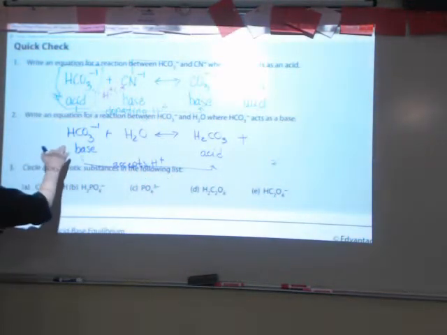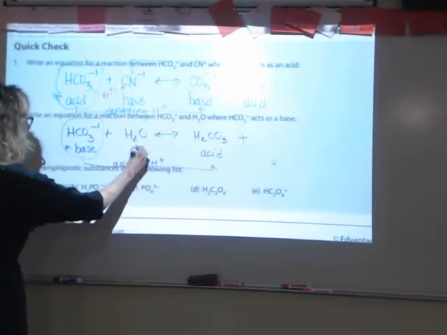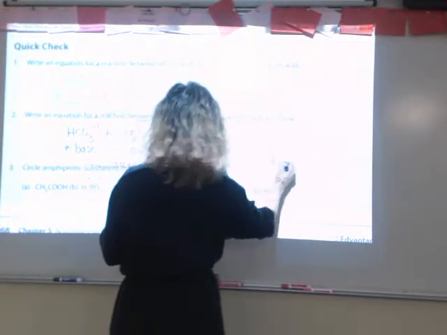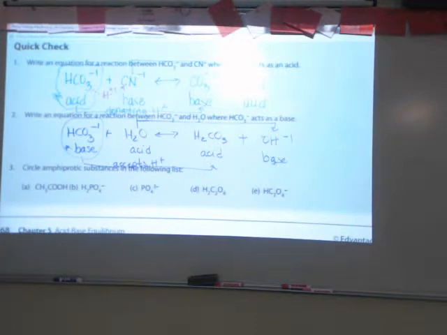And if this is acting as a base here, that means water is an acid, and I would have to partner it with a base on the product side, so I have to remove a hydrogen ion from it. Okay? So remember, amphiprotic substances tend to be anions or water.